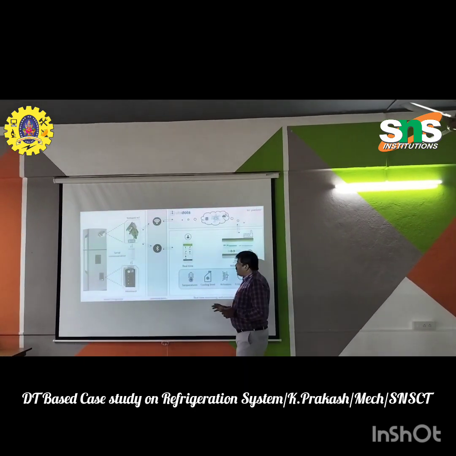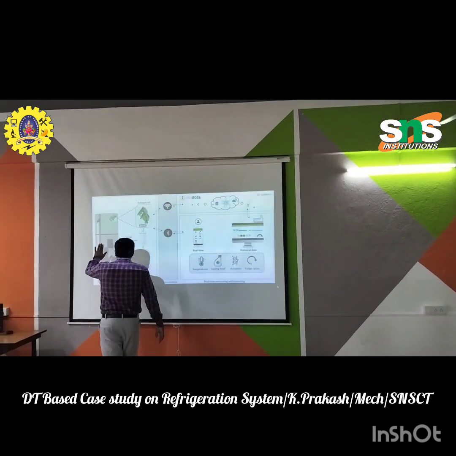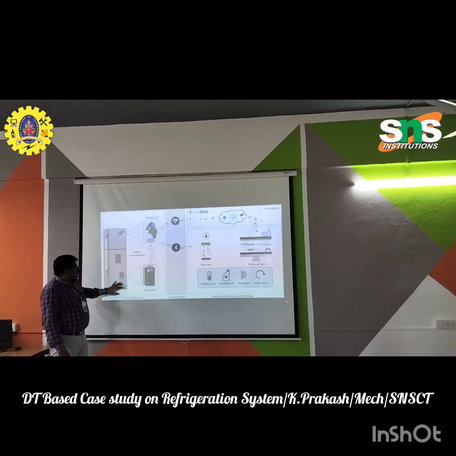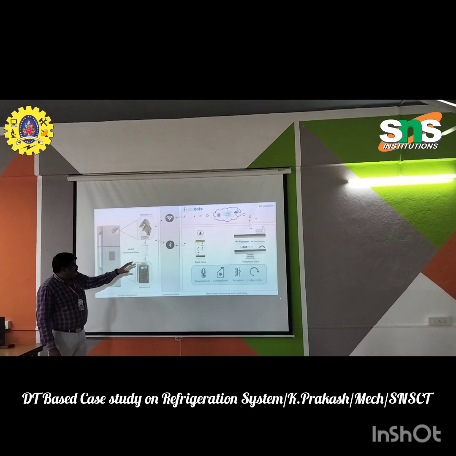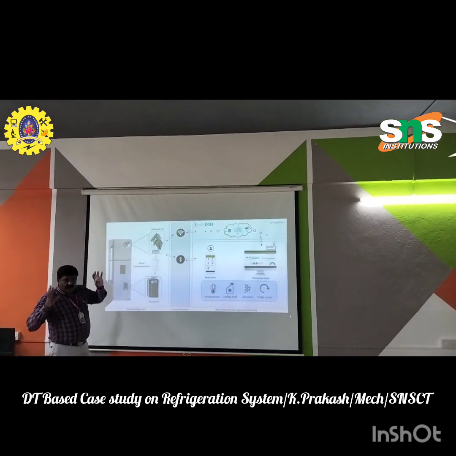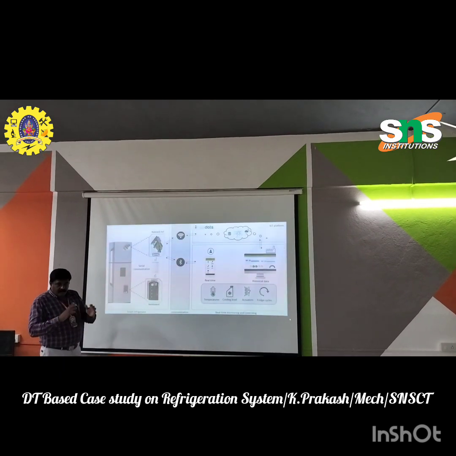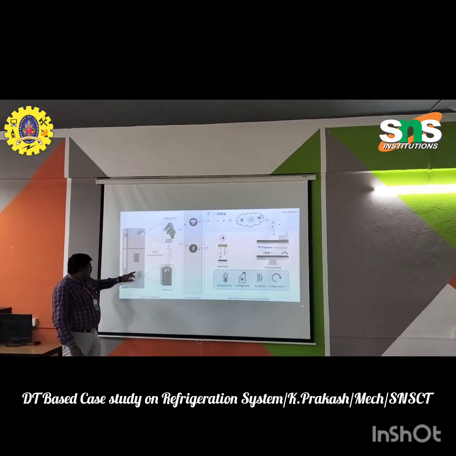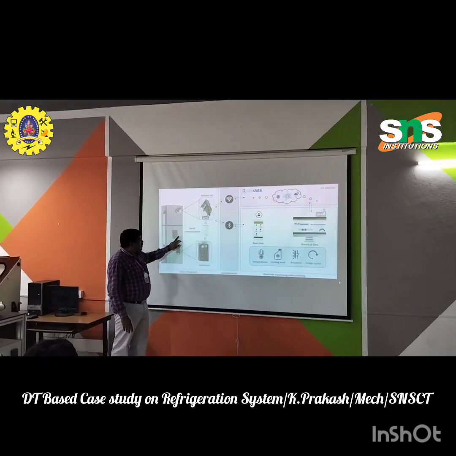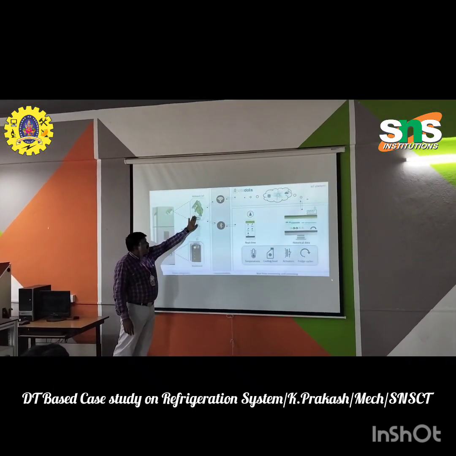Now coming here, this is a normal refrigerator. By using IoT technologies, we are gathering data using sensors. We are analyzing the temperature of the room and of the refrigerator, and these sensors are coupled with IoT.